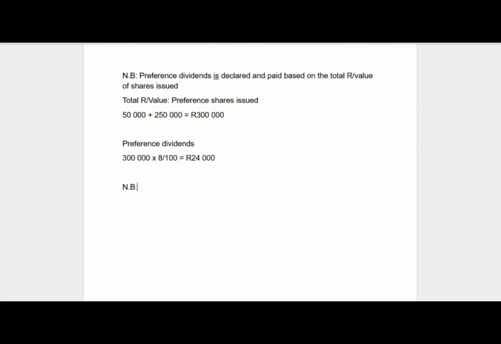NB again. Note that ordinary dividends are declared and paid according to the total number of shares issued, not rand value, but number of shares issued.